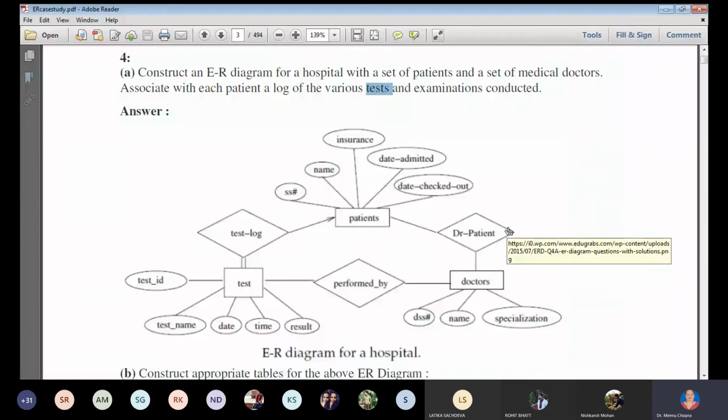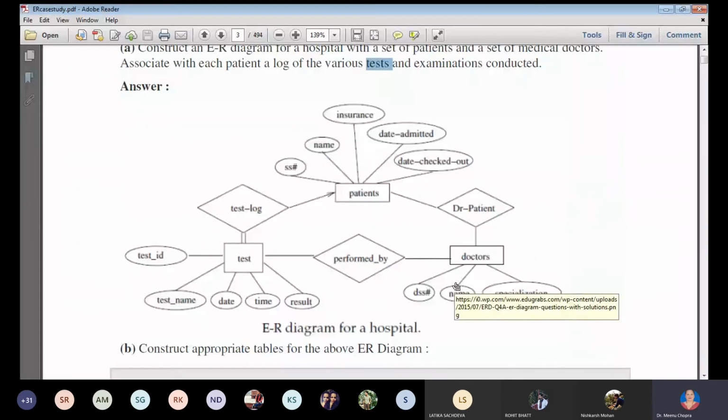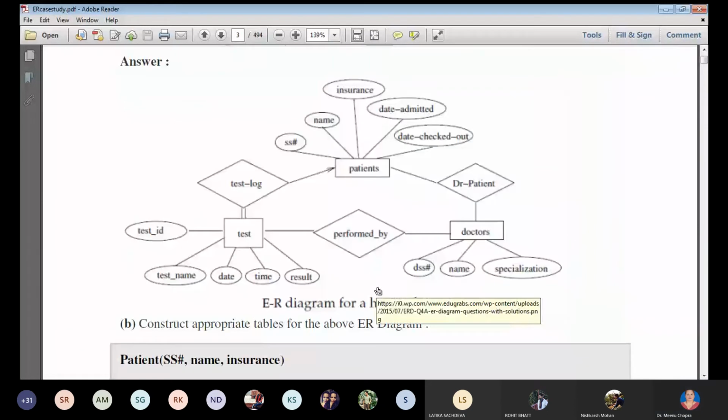So you can define them by your own. You can do it yourself. Similarly, cardinality ratios you can also give, 1:n, n:1, and so on. Fine. So this is a simple ER diagram for your hospital management or hospital doctor-patient relationships.